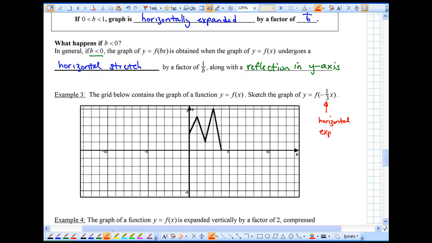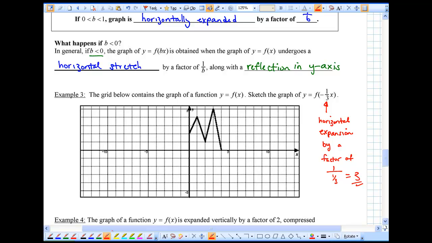Remember, things are opposite with the horizontal. 1 over something means it's an expansion because the factor is less than 1. But, sorry, not the factor, the actual value, the b value. The factor, though, is of course 1 over that. So by a factor of 1 over b, the b value is 1/3, so that's just equal to 3. So that's why it's a horizontal expansion.